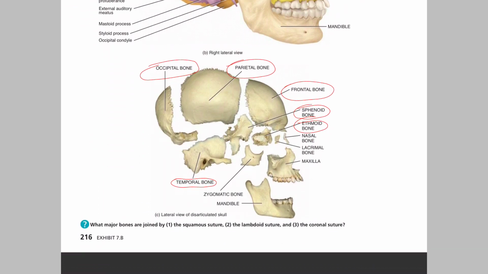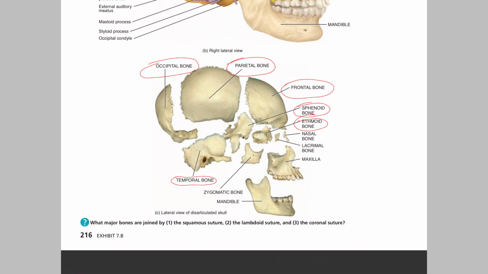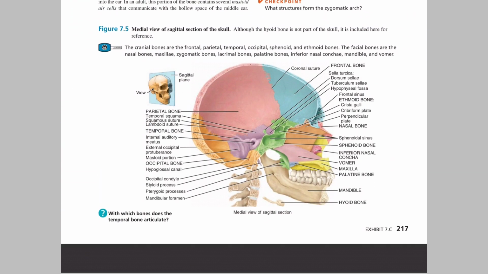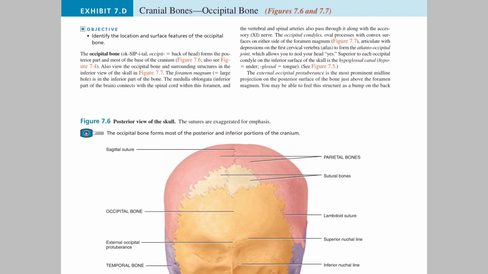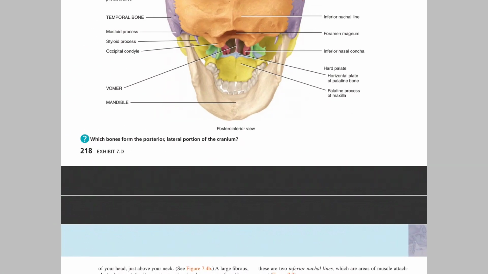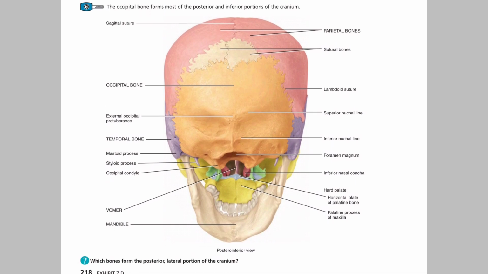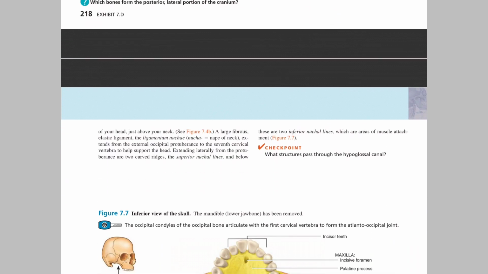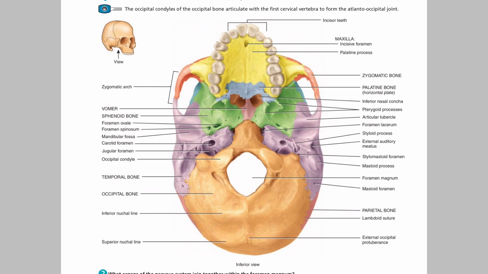Now this is the side view, bones flying in the side view. Occipital, parietal, frontal. Same bones but we are observing them from different angles.